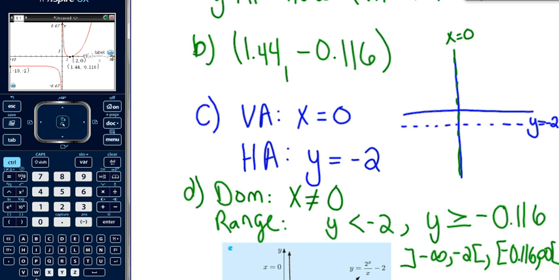We have an x-intercept at (2, 0). We have a relative minimum at 1.44, comma. So these are all important features that you would sketch on a graph. We would show our function getting really close to the horizontal and vertical asymptotes. Okay.